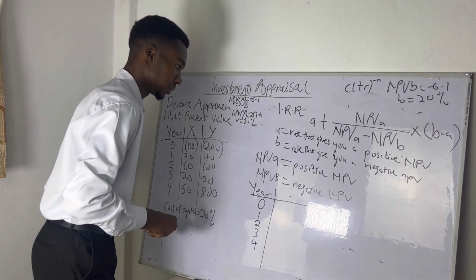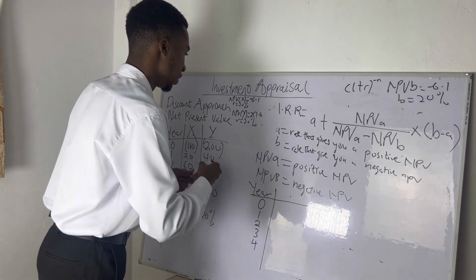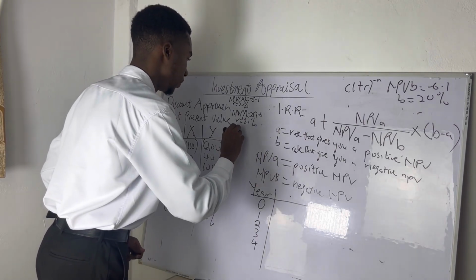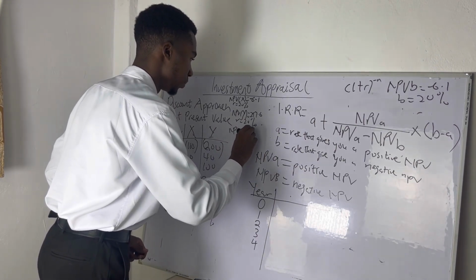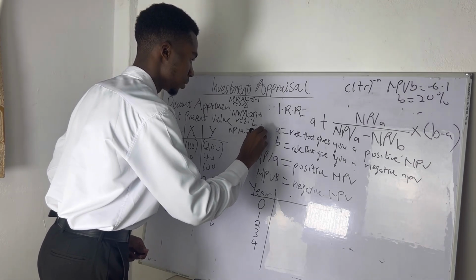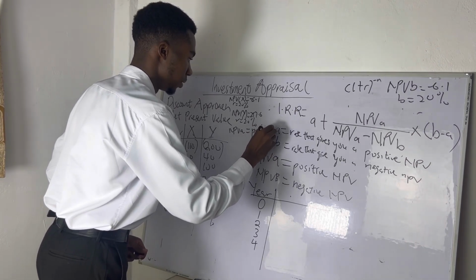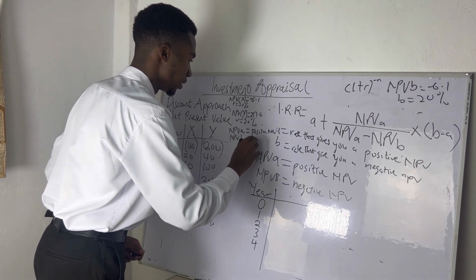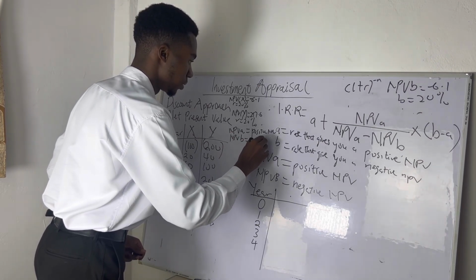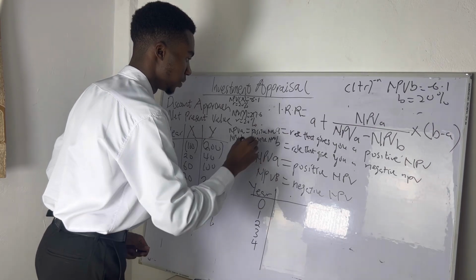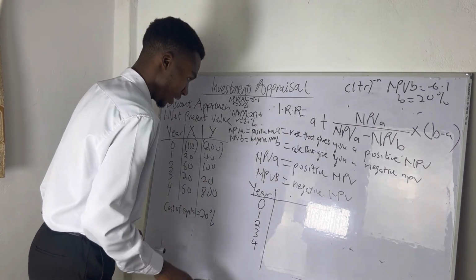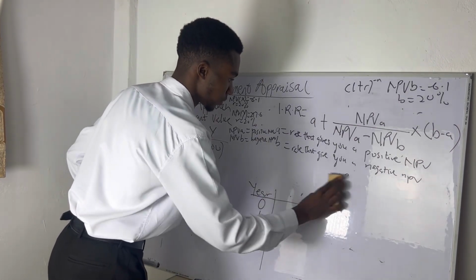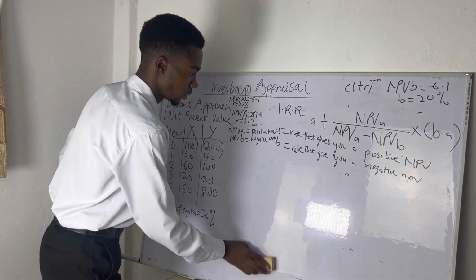Let me write the NPV A here. NPV A is equal to the positive NPV. Then NPV B is equal to the negative NPV. So that I can clean this one, the table can go higher a little.